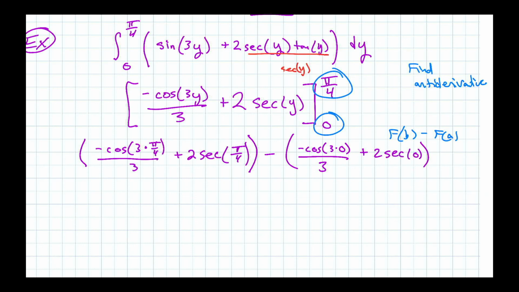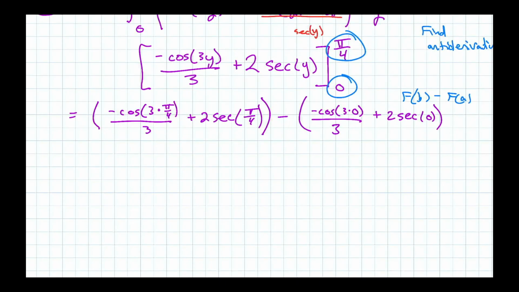All right? And from there, we're just going to work out these numbers. So this is going to be cosine 3 times pi over 4, 3/4 pi, like that. I'm just going to write it out: cosine 3 pi over 4, over 3. Secant pi over 4, that's fine.